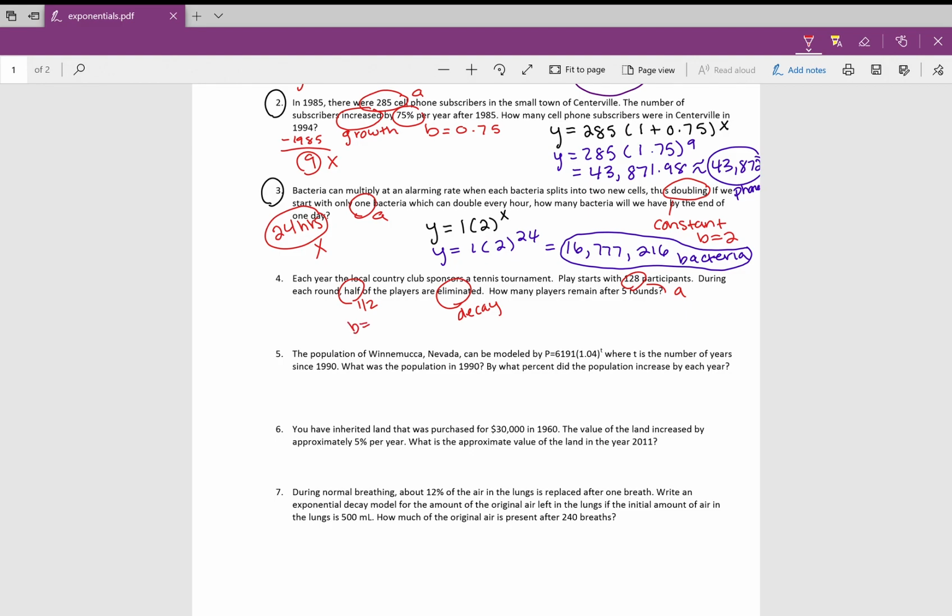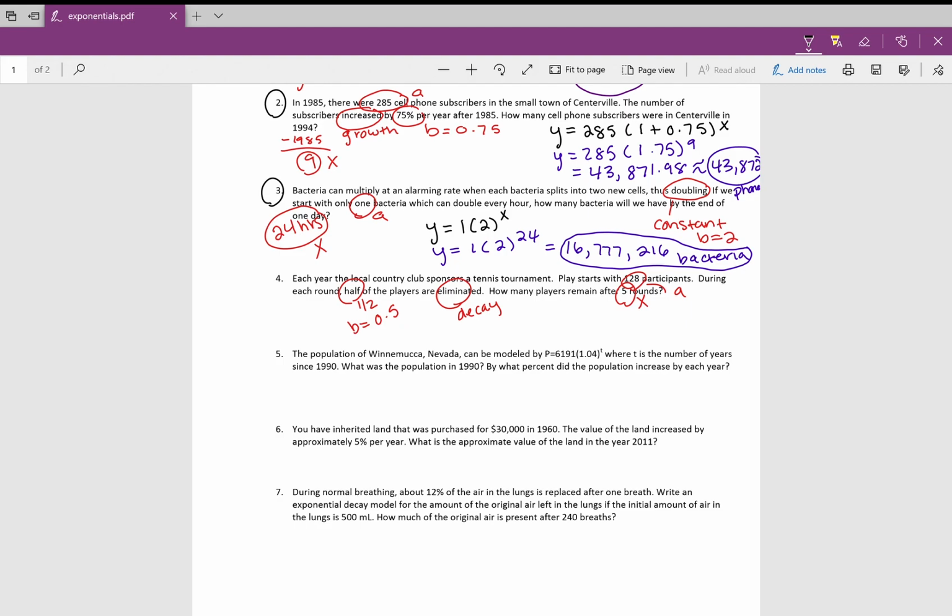So B is equal to 0.5. And then after 5 rounds, rounds in this case is going to count for our time, because tennis tournaments usually don't last years or months, or necessarily a set number of hours either. It lasts in rounds, so this is our x value.